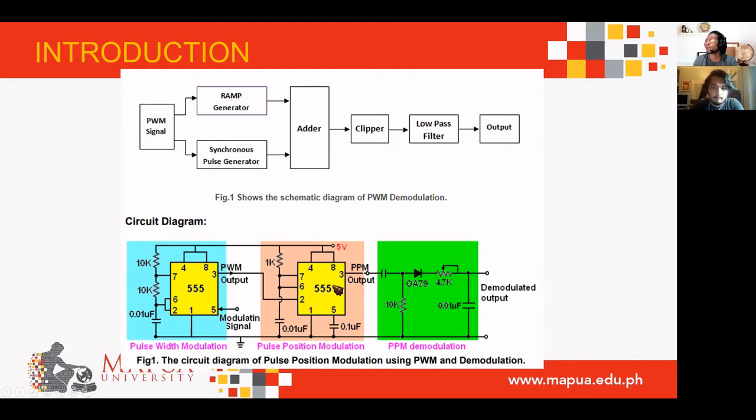The same process with the same component, the 555 timer, produces a PPM or pulse position modulating signal. After that, the output PPM is fed into the PPM demodulation circuit, where the demodulated output must be similar to the modulating signal.